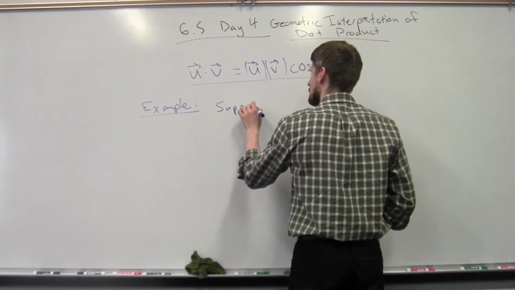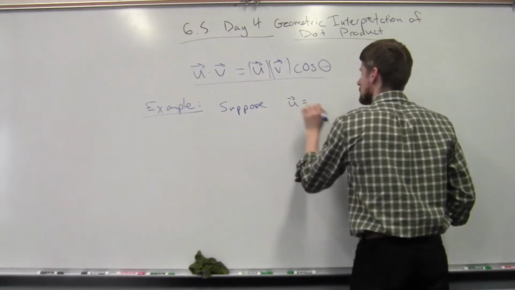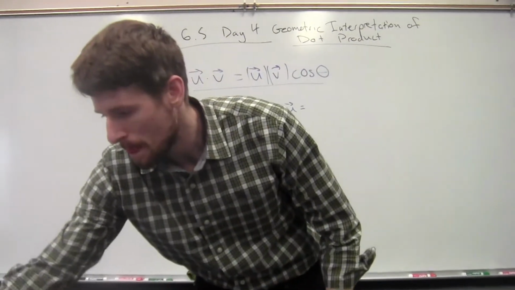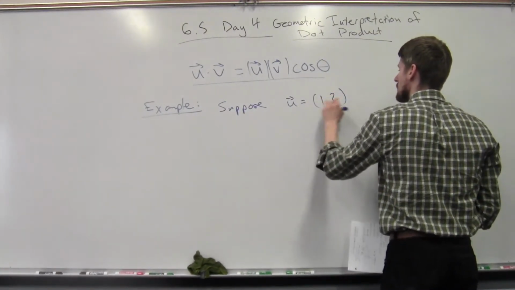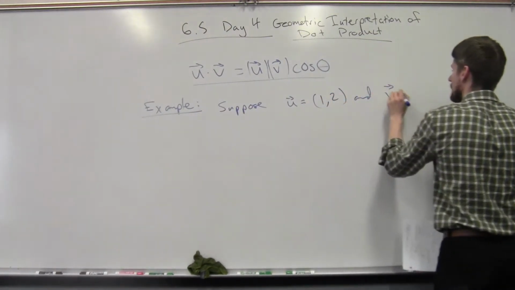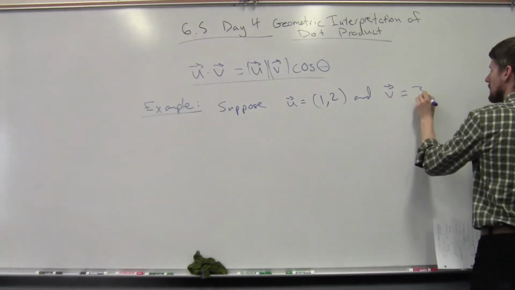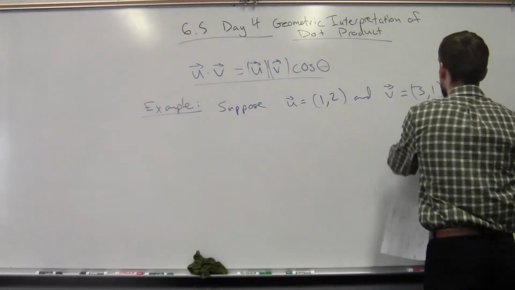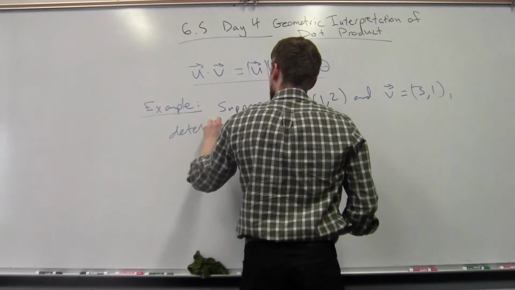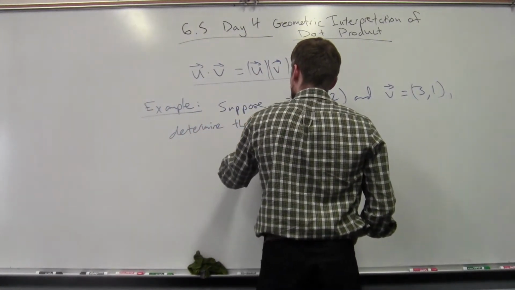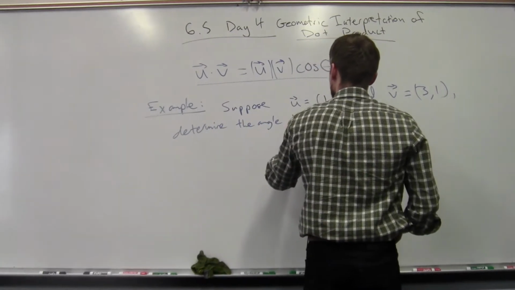Suppose u is the vector 1, 2, and v is the vector 3, 1. Determine the angle between u and v.